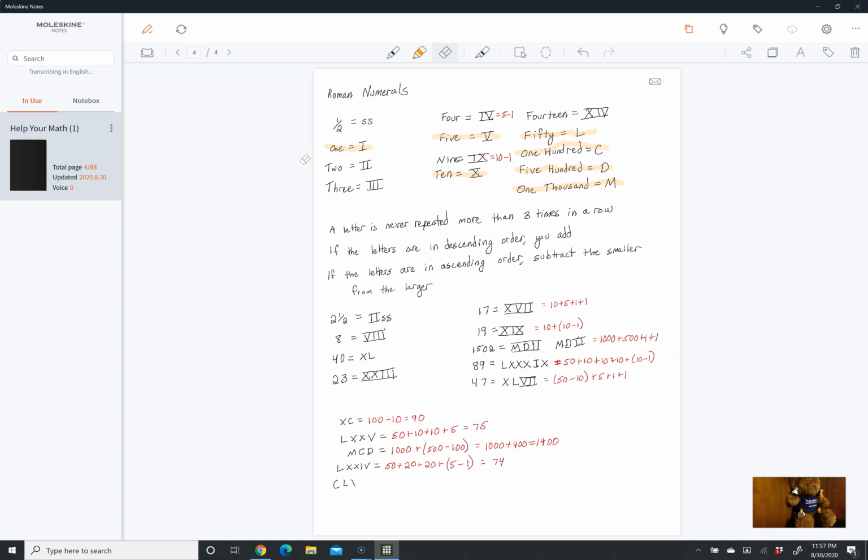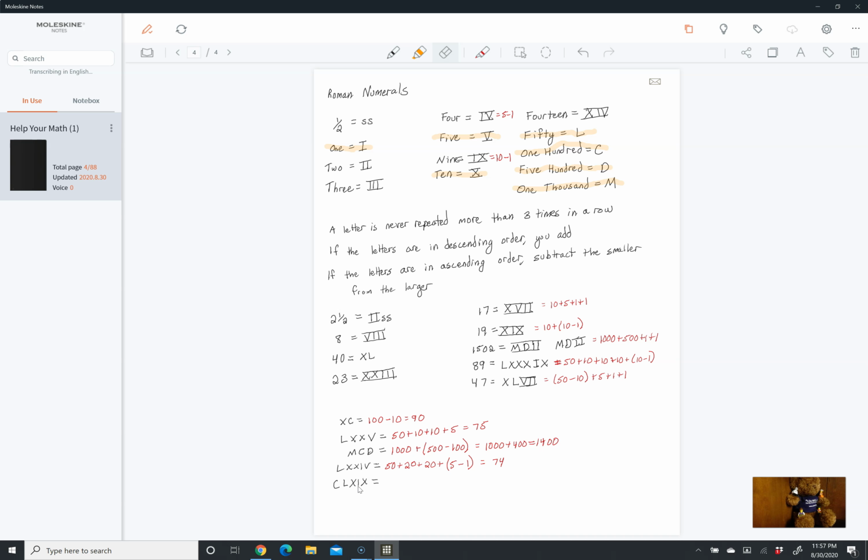CLXIX. Now, if we look at this, we say, okay, we're going down until we hit this X. So we hit this X, which is now going up again. So we know that we need to subtract the letter that comes directly before it, which is an I, okay?